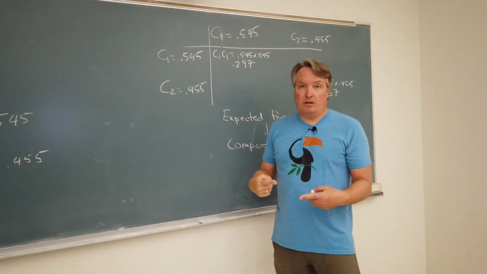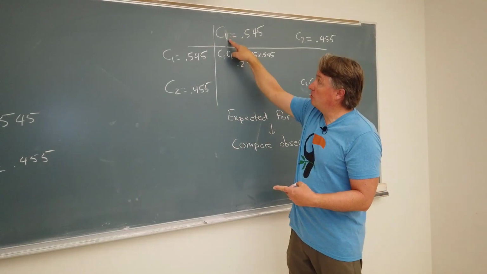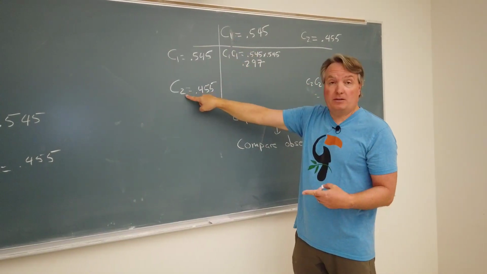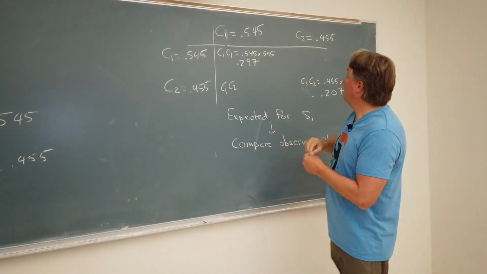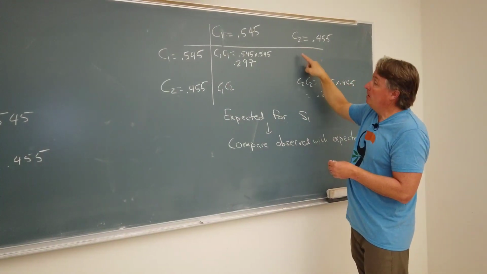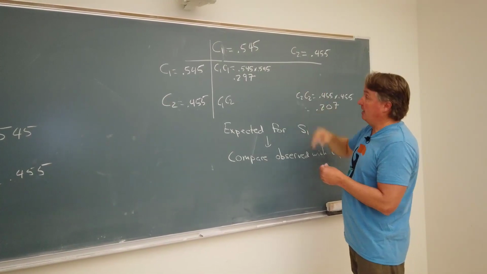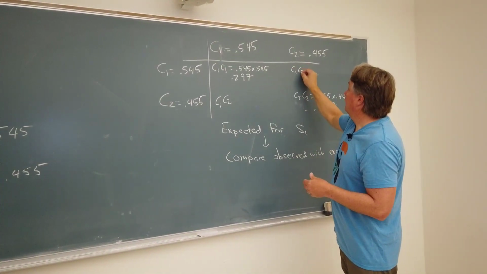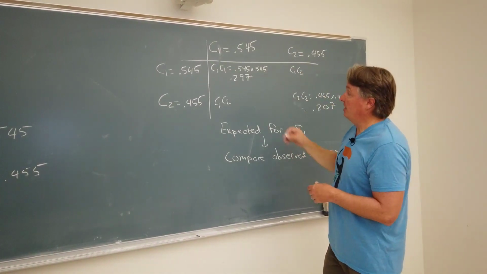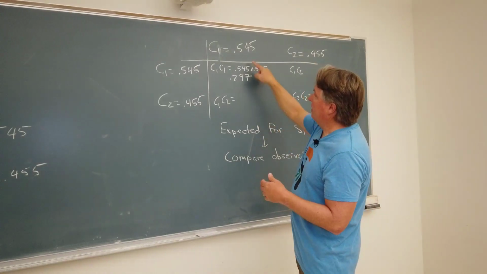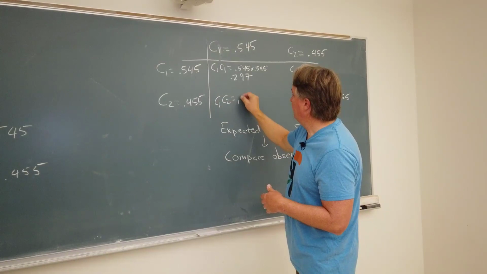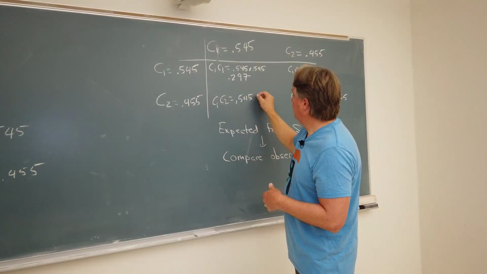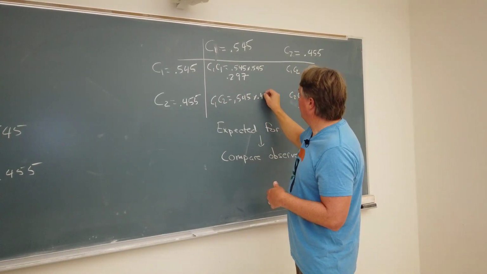Then we can think about the heterozygotes. There's two ways to get heterozygotes. The males could contribute the C1 and the females the C2. That's one possibility. Or the male could contribute the C2 and the female the C1, to also get a heterozygote. So there's two ways to get that, but we do the math the same way. I just take this allele, multiply by that, so that's 0.545 times 0.455.